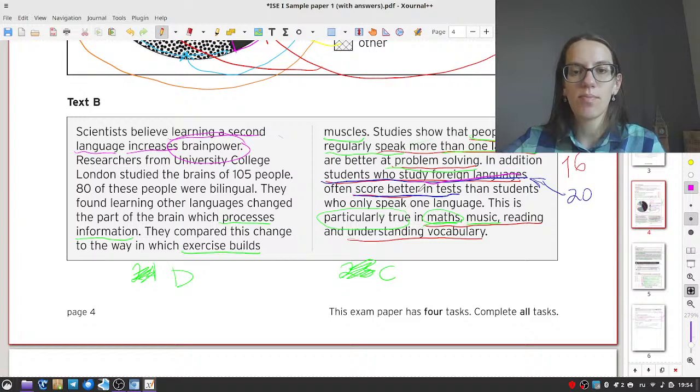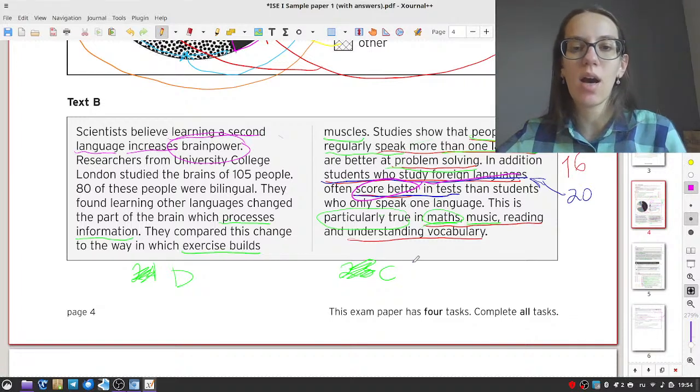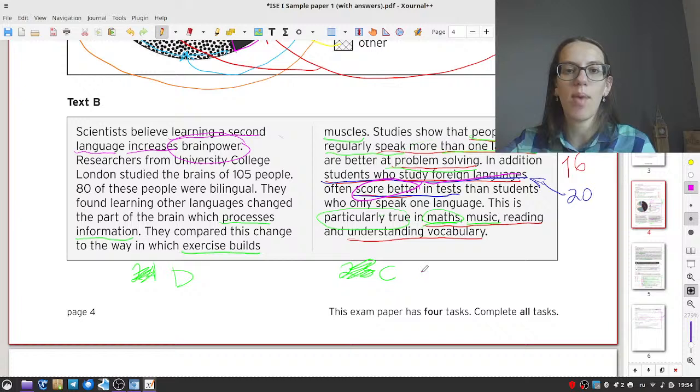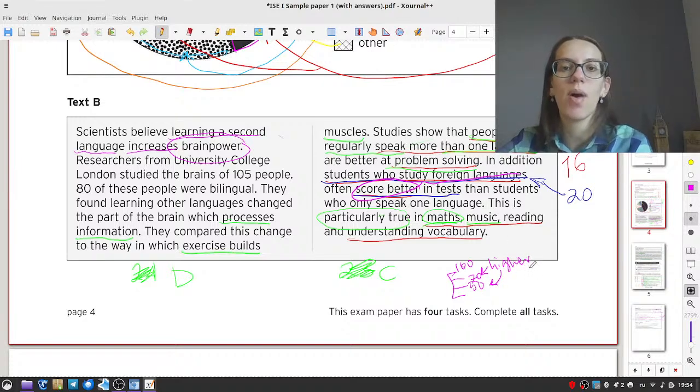So score better is the same as get higher marks. To score better, to get a higher score, it means to get a higher mark. For example, you might have 100% maximum on a test, and someone gets like 70 and someone gets 50. So this is higher than this, higher score or a higher mark.